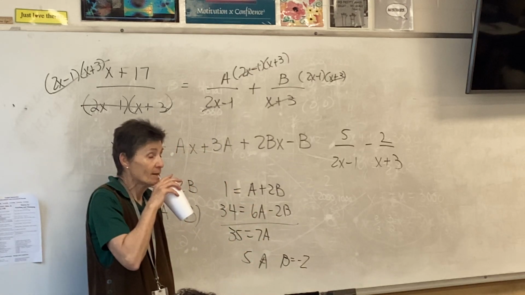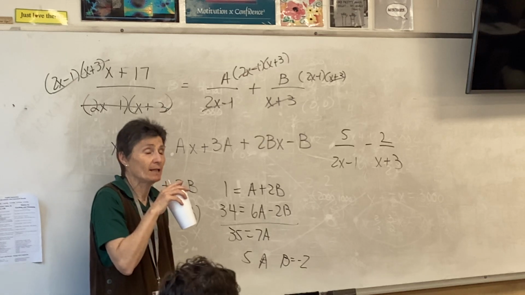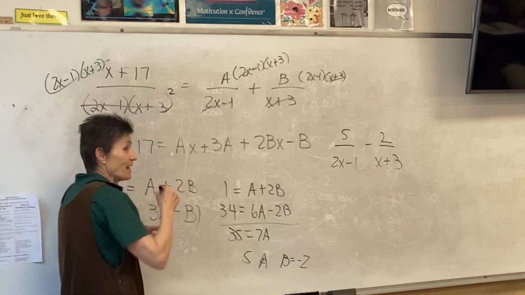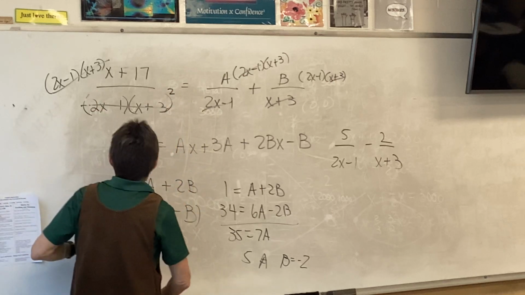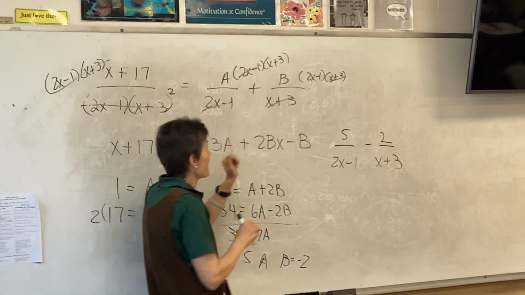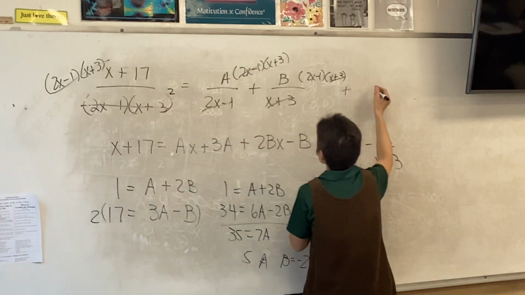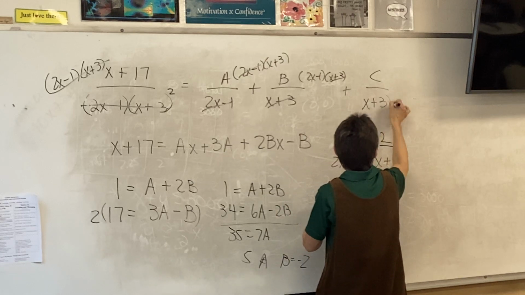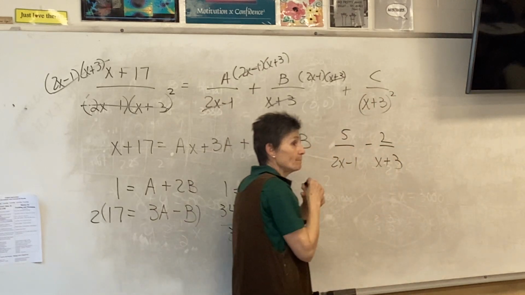Okay, Josh? Now, a couple of little technicalities. What if that had been squared down there? Then you would have a third factor, x plus 3 squared, right?